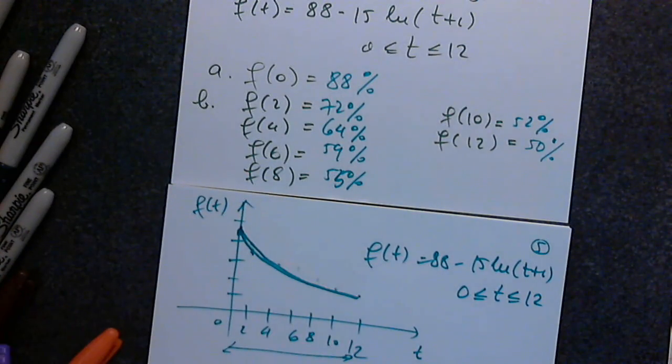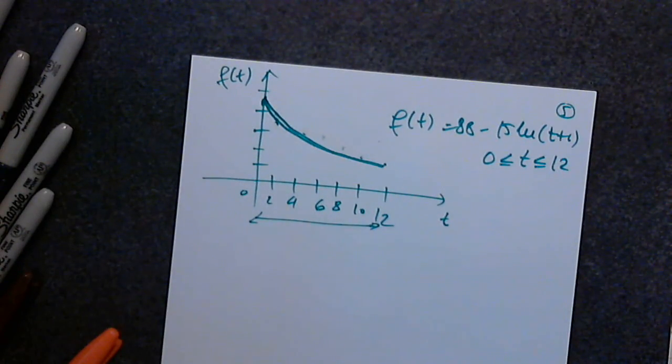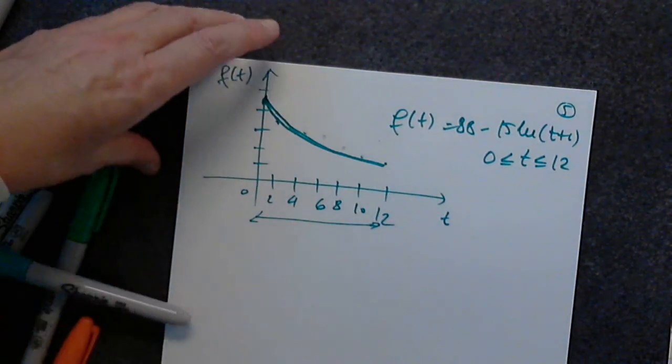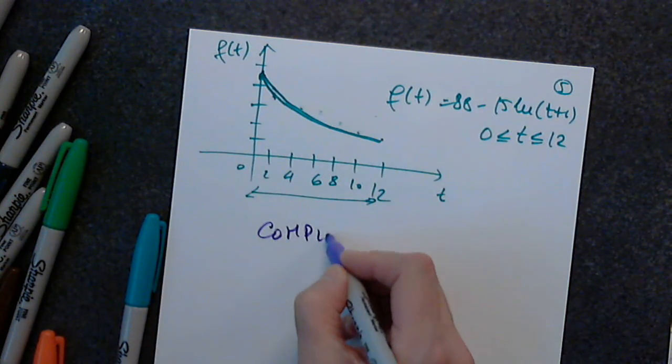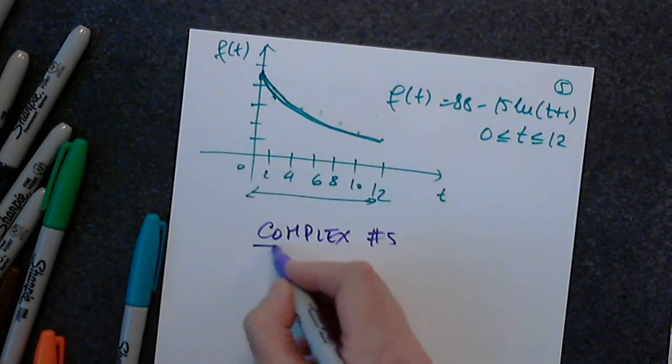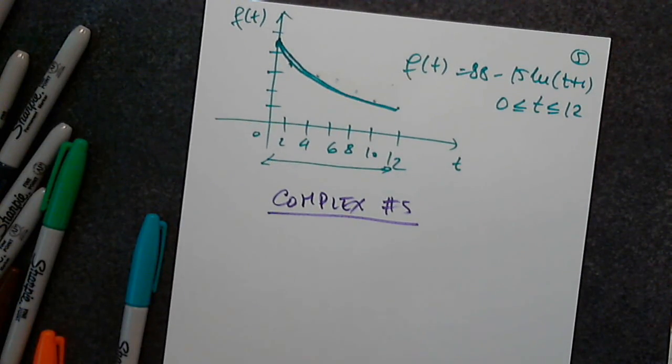Okay, I would like to continue now with quadratic equations. And basically, complex numbers first. Complex numbers. What is a complex number?